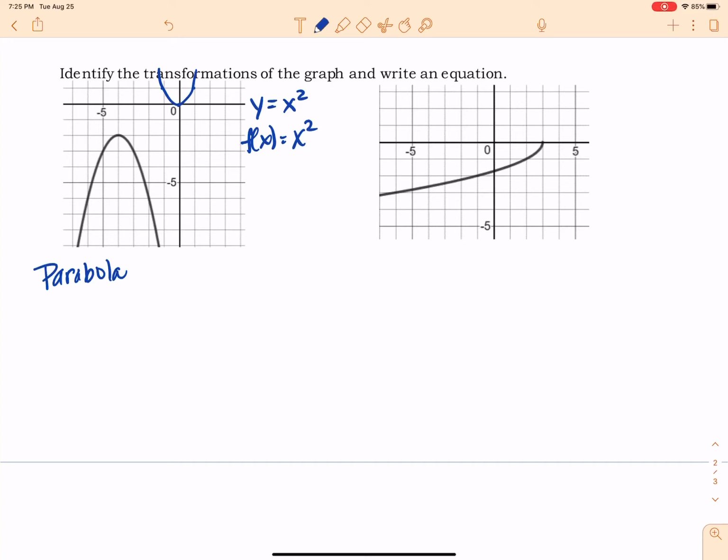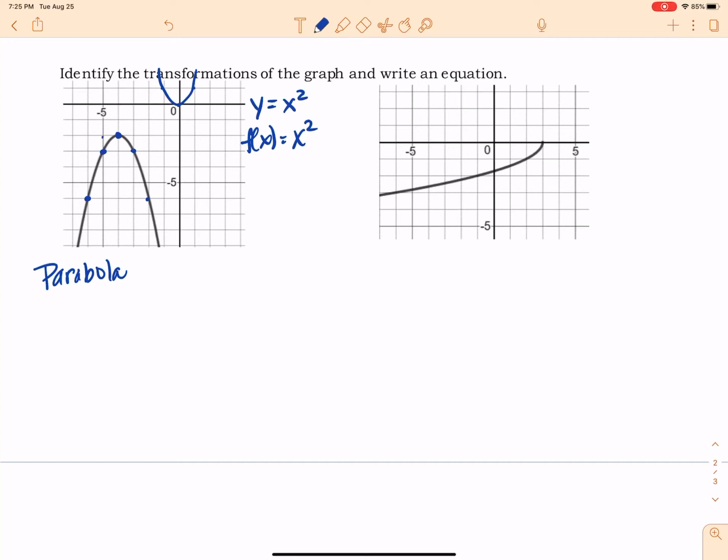So the first thing I'm going to do is see if I have any stretching or shrinking here. So if I look at this, there's my vertex, and if I count over 1, down 1, over 1, down 1, over 2, down 4. Okay, so that's exactly the same as a parent function. So there are no stretches or shrinks here.